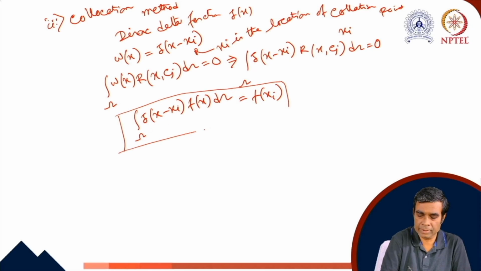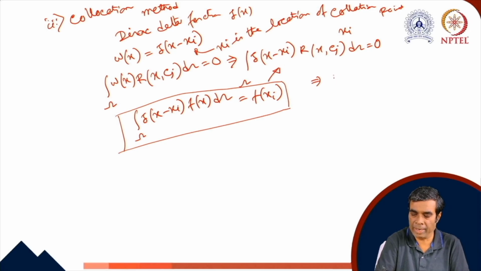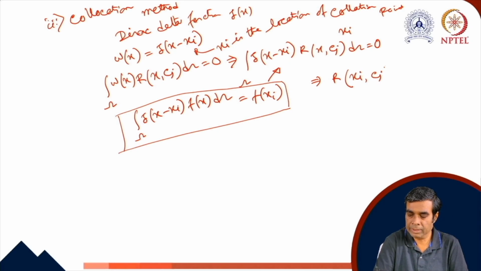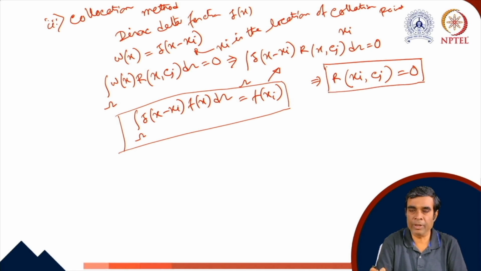We use this property here, and from there we find that r of xi comma cj equals 0.